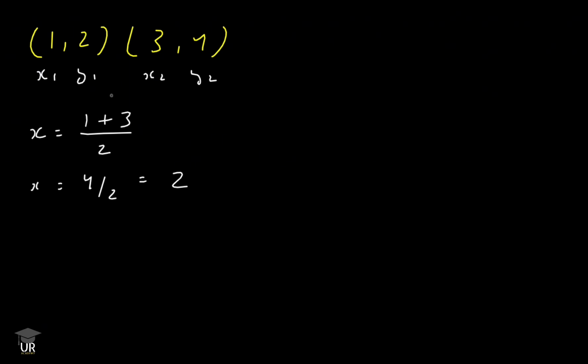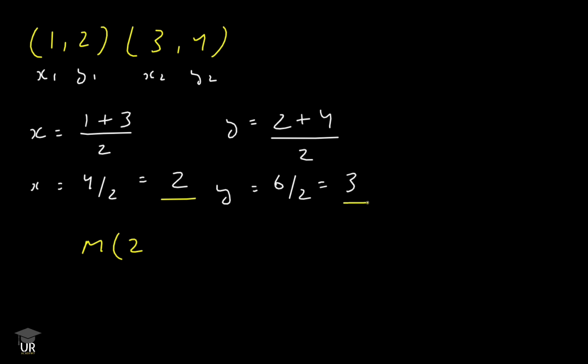And when we are talking about the y coordinate, let's just add y1 and y2. So 2 plus 4 upon 2, and this will be 6 divided by 2, that will give you 3. So the midpoint coordinates are 2 comma 3.